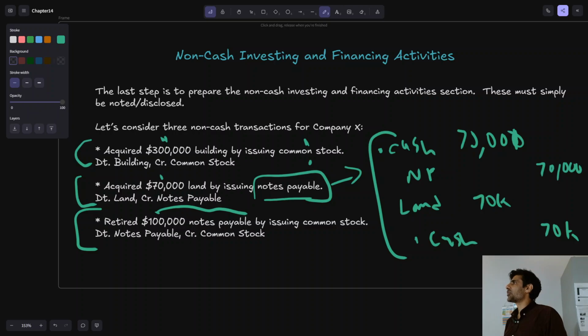I don't want cash for it. I want stock. Or it could be in bankruptcy, where the lender is kind of out of luck because there's not enough cash and they just have to accept some ownership in the business and get rid of their loan. So this is a common transaction when there's a restructuring of a business's financial structure.